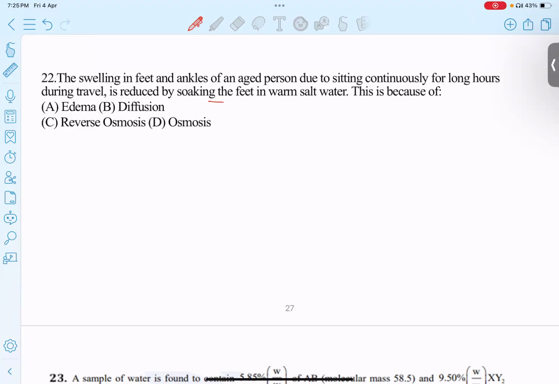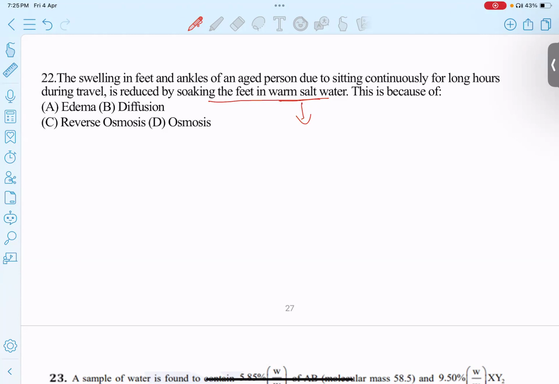This is because the swelling in feet and ankles due to sitting for long hours means accumulation of solvent or water molecules in the cells and intercellular spaces. Because of this, swelling takes place in the feet and ankles. To reduce the swelling, soak with warm water. So warm salt water means a concentrated solution.